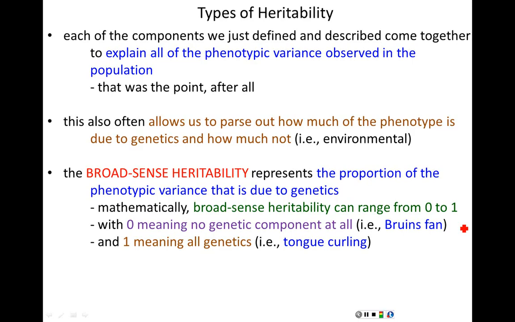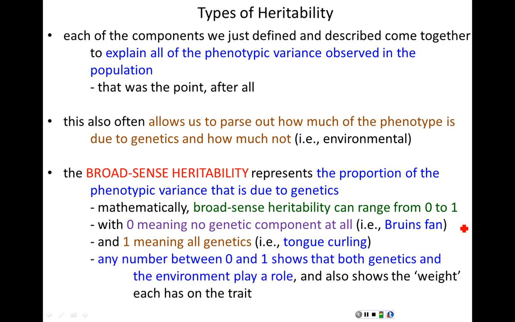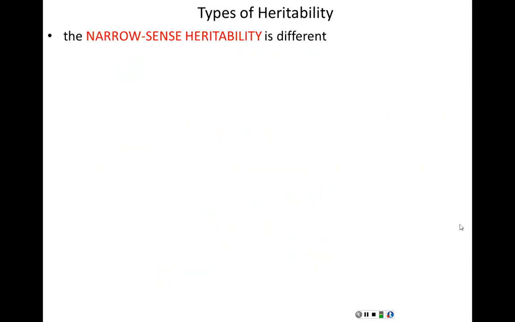A broad sense heritability of 0.3 means 30% of the differences in phenotype are due to genes, and 70% is impacted by the environment. So any number between 0 and 1 shows you that both genetics and environment play a role, but also gives you some idea of the weight that each has on the trait, with numbers closer to 0 meaning more environmental, less genetic, and numbers closer to 1 meaning more genetic and less environmental.